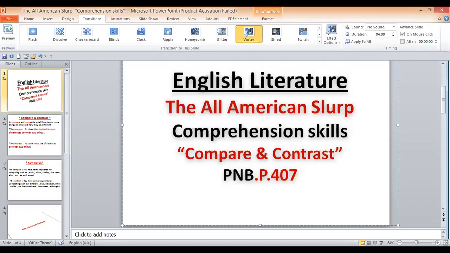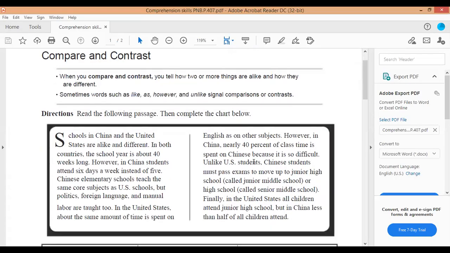Let's practice on this part in our practice notebook, page 407. I share the page with you now. Here we have a text. But before we read this text, let's read this part.